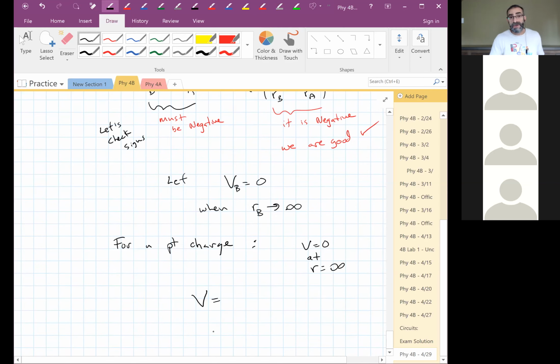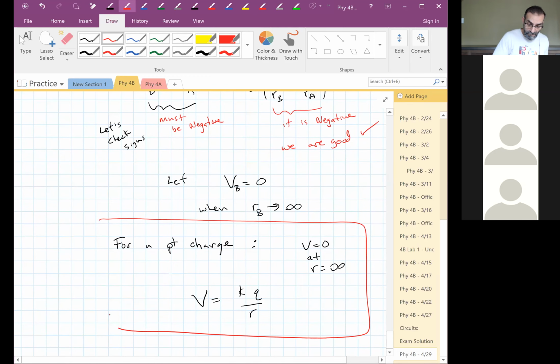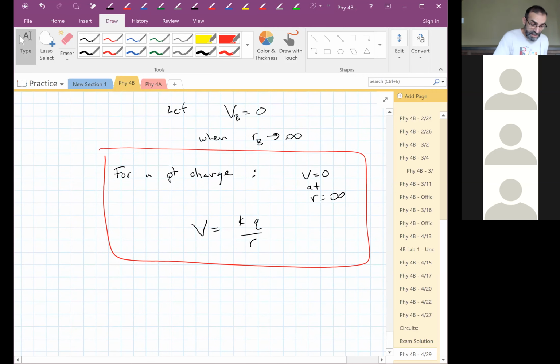We know V is 0 at infinity. That's one of our points. So the V at any other location near our point charge is KQ over R. This is electric potential. We didn't talk about units yet.